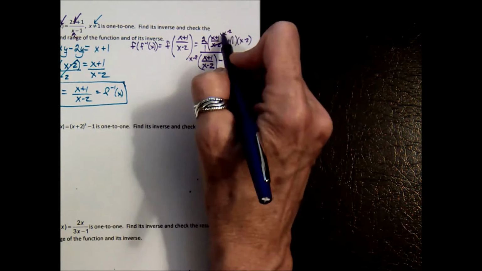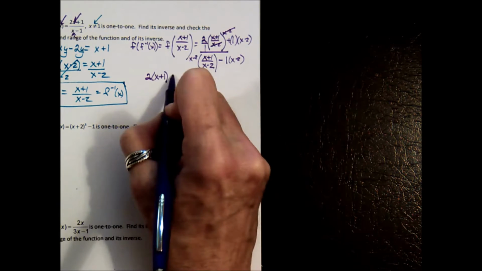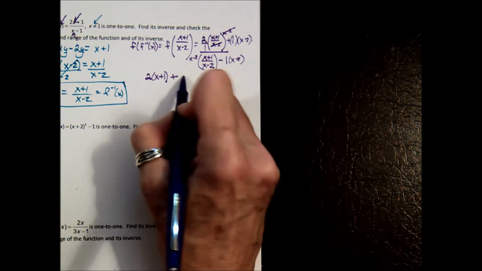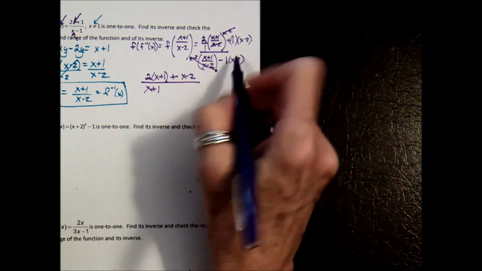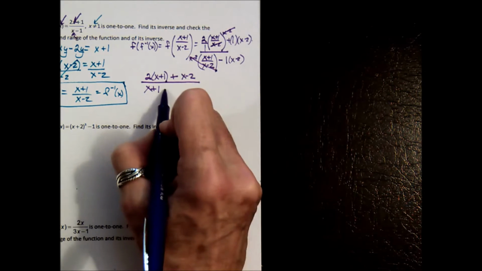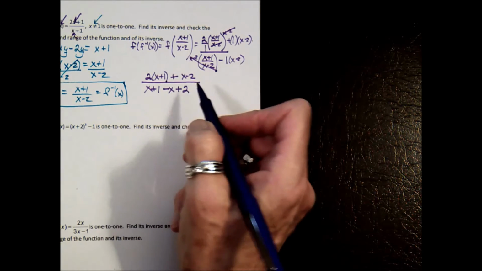So this cross cancels this. I'm left with 2 times x plus 1 plus, distribute the 1, x minus 2, all over x plus 1. Now distribute that negative 1, minus x plus 2 in that denominator.